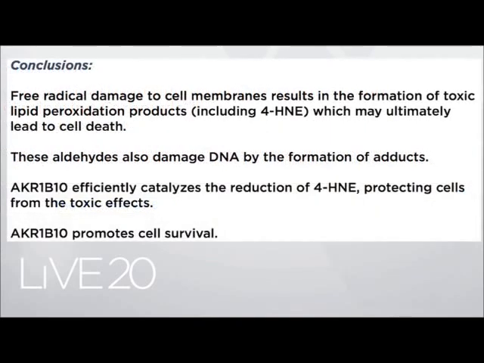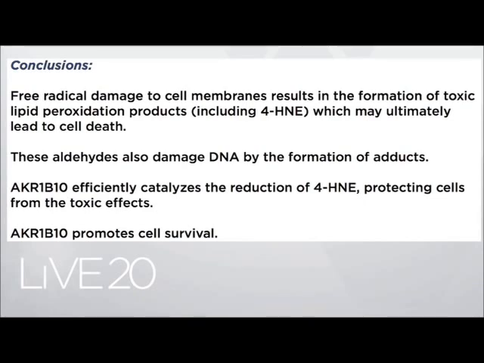The conclusion of these 2 papers is that this gene responds to free radical damage, which results in formation of toxic lipid peroxidation products. So that broadly is T-bars. More specifically, it's talking about one of those products, 4-hydroxynonenal, 4-HNE, which may ultimately lead to cell death.